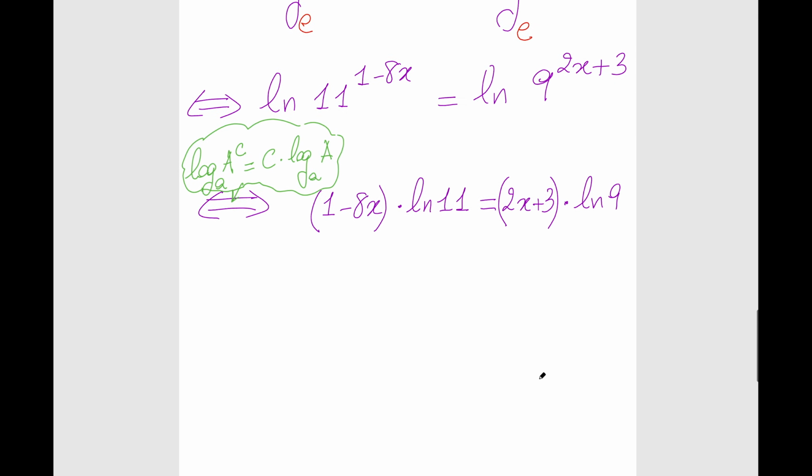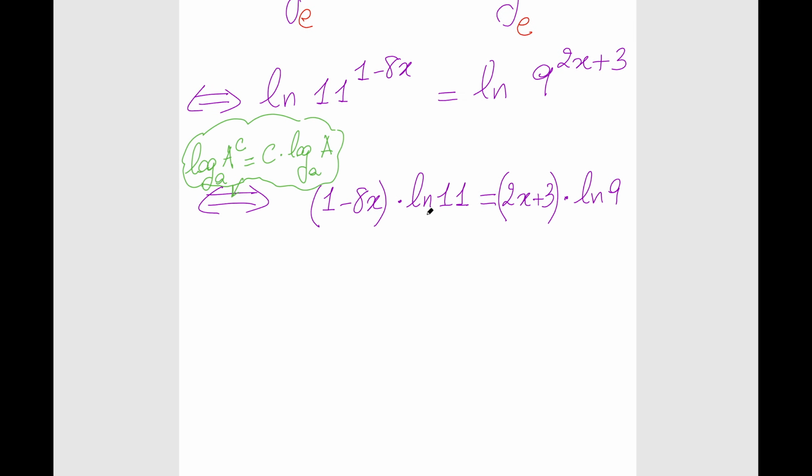Okay. And what's ln of 11? I know I don't know the number, but it is a number. This is a number, so this is one package. This guy is one package, and this guy is one package. I mean, here ln of 9, I can think about 9 as 3 squared, and I can bring the 2 down, right?